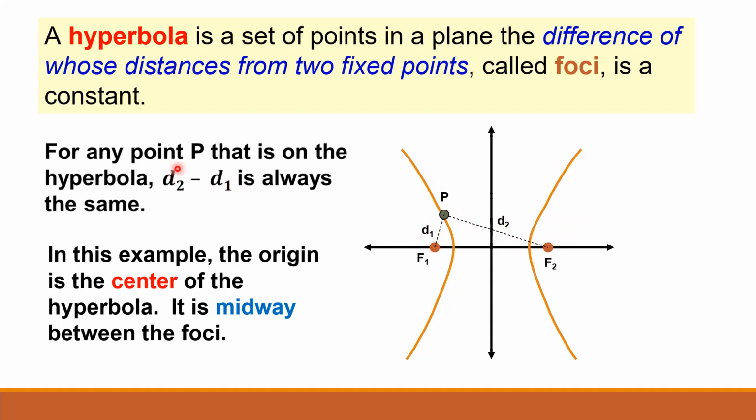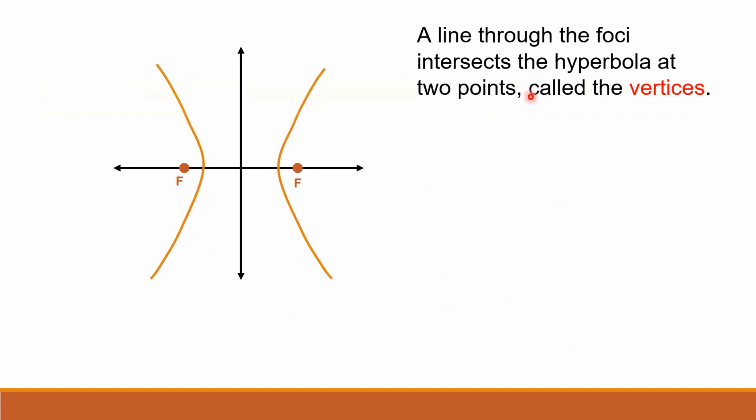Okay, so in this example, the origin is the center of the hyperbola. It is midway between the foci, or it is the midpoint of the line segment formed by these two foci. So the origin is the center here. A line through the foci intersects the hyperbola at 2 points called the vertices.